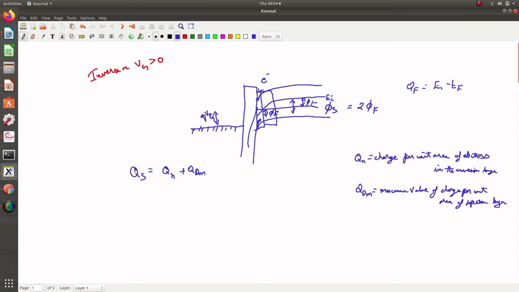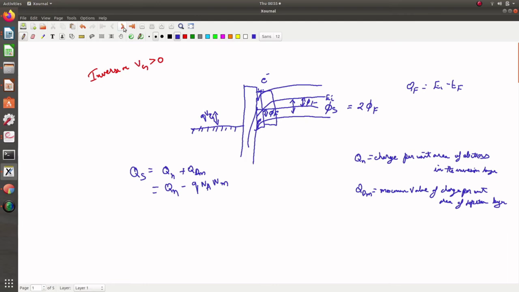So in case of inversion, the total charge is the sum of Qn and Qdm, and this can also be written as Qn minus Q Na Wm, because we know Qdm is Q Na Wm, as we had seen earlier. So we have this equation.